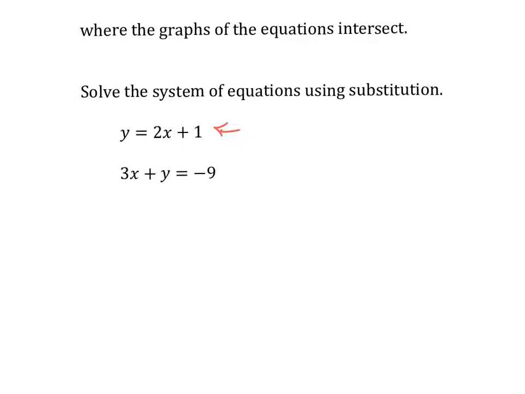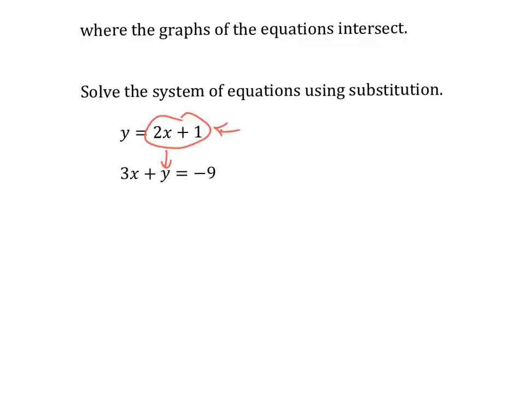Okay, so in this case, we are going to take this 2x plus 1 and we are going to substitute it into our second equation in our system for y, because y is equal to 2x plus 1. So we can substitute 2x plus 1 in for y.